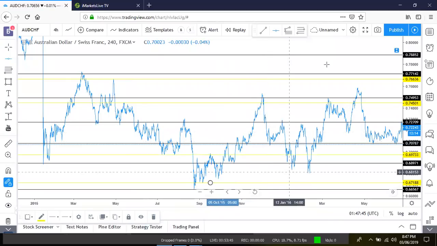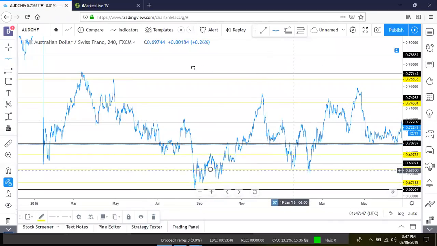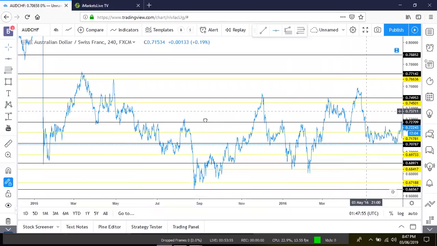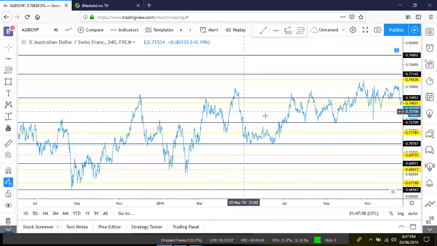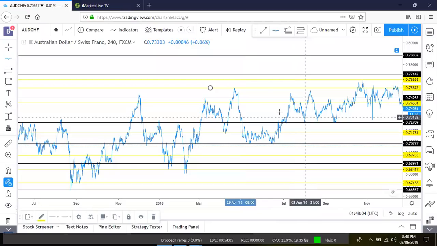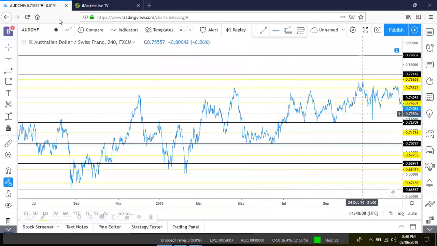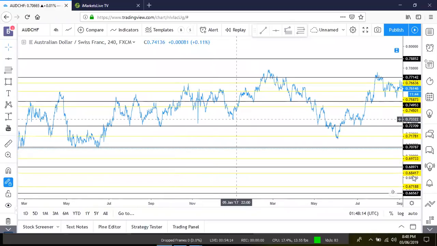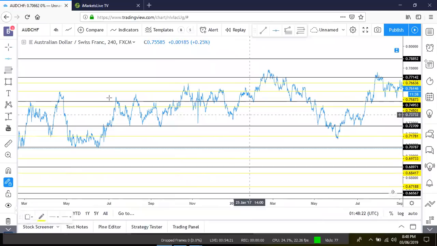Following the market, let's put one here. Following the market, put one here. Put one right here. You can throw one here. Well, no, I'm not going to put one there.